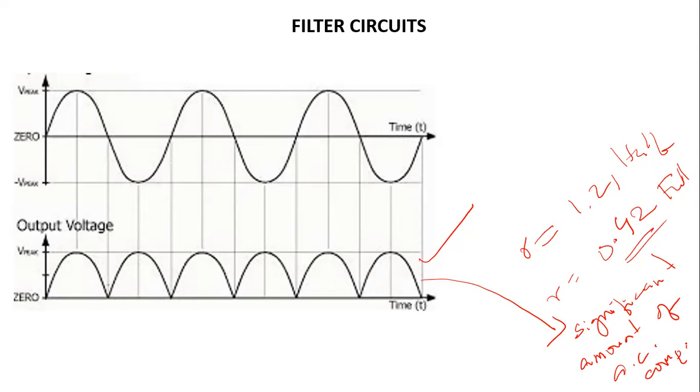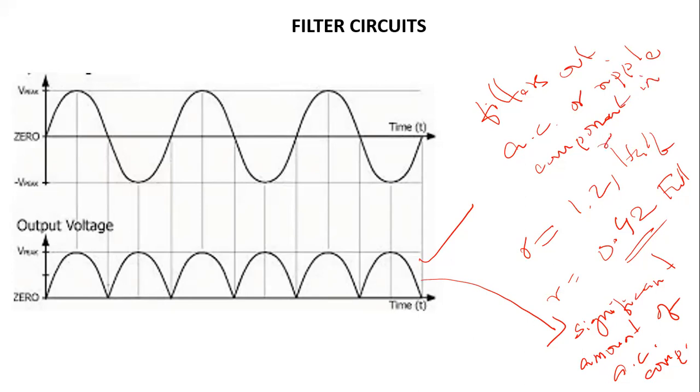So a filter circuit is an electronic circuit component which filters out the AC, or you can also call it ripple component, in the rectifier output.